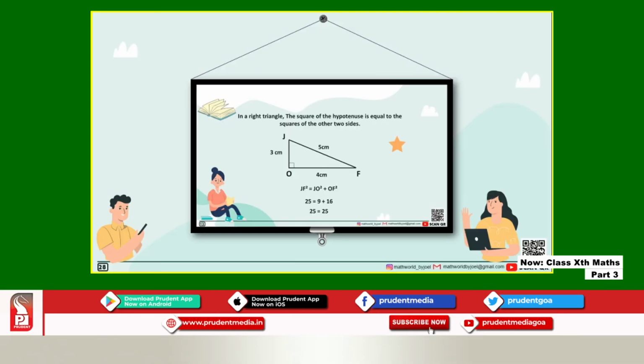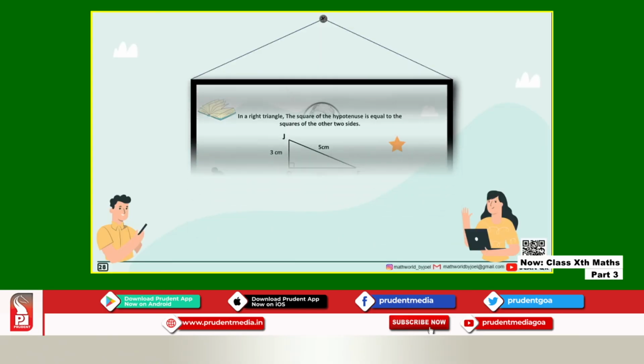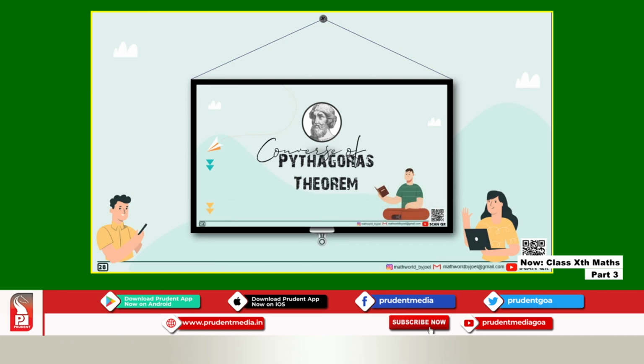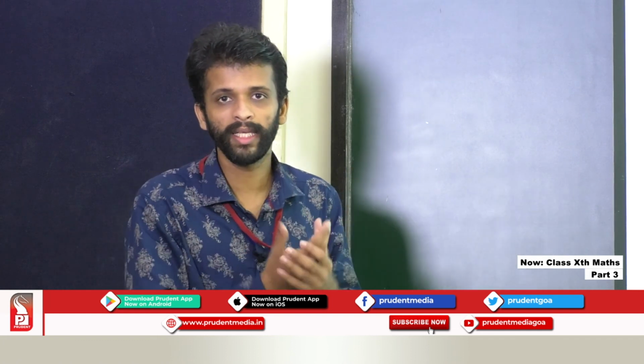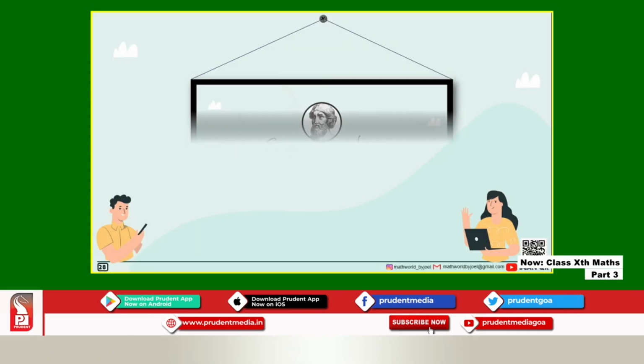I told you how to locate the hypotenuse as well. We learned the converse of the Pythagoras theorem, where if that condition, the square of the hypotenuse is equal to the sum of the squares of the other two sides, holds, then automatically the angle becomes a right angle.